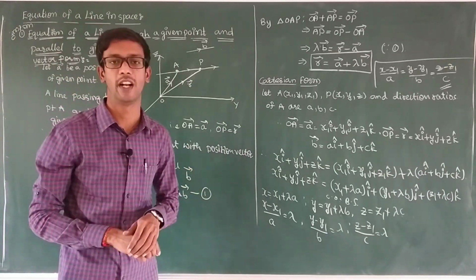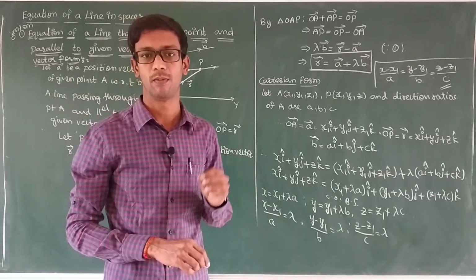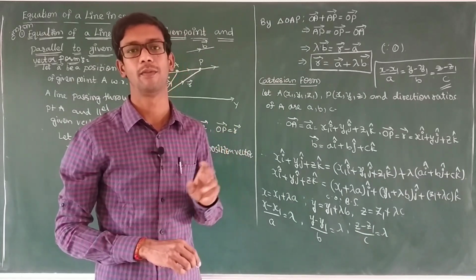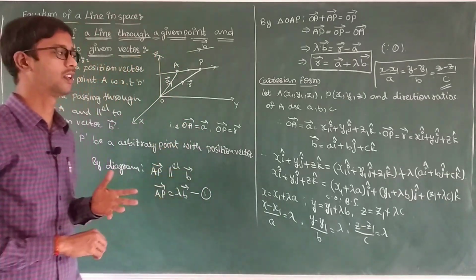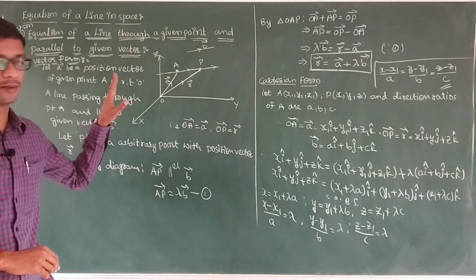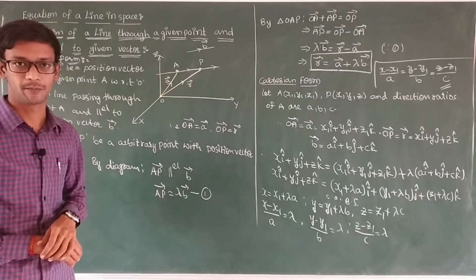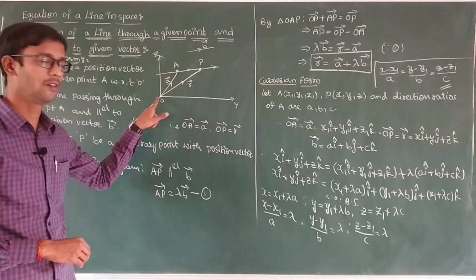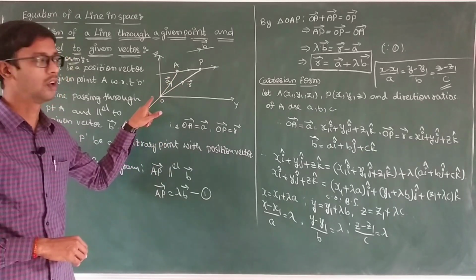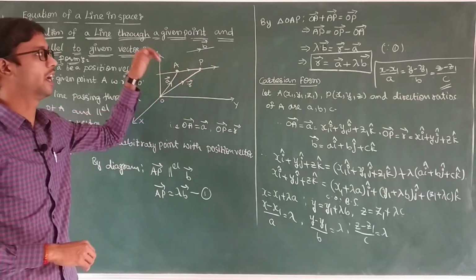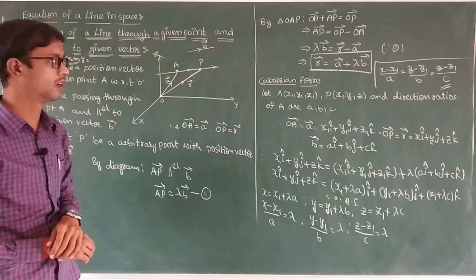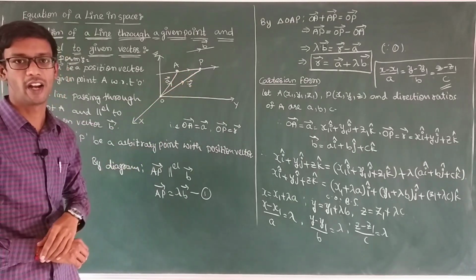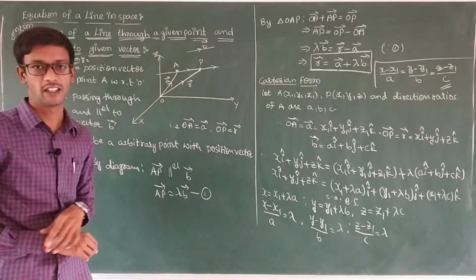So this is the way of finding the equation of a line passing through one given point and parallel to a vector in space. Once again I am repeating this in total. First of all, the diagram is important. A bar is the position vector of point A with respect to origin O, and there is a line passing through the given point A and parallel to the vector B bar. Again I am taking an arbitrary point P on the line with position vector r bar.